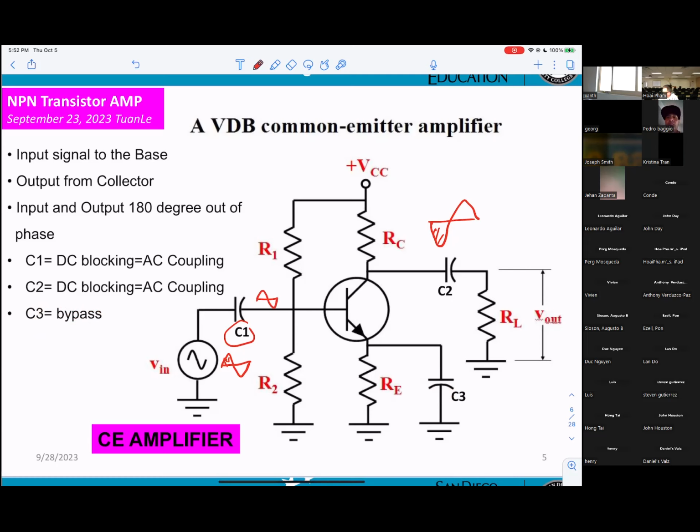Okay, and here you are supposed to get a sine wave. In here, you are supposed to get a sine wave, but the opposite. So now they say C3 here is a bypass capacitor. Bypass what? Resistor of emitter.